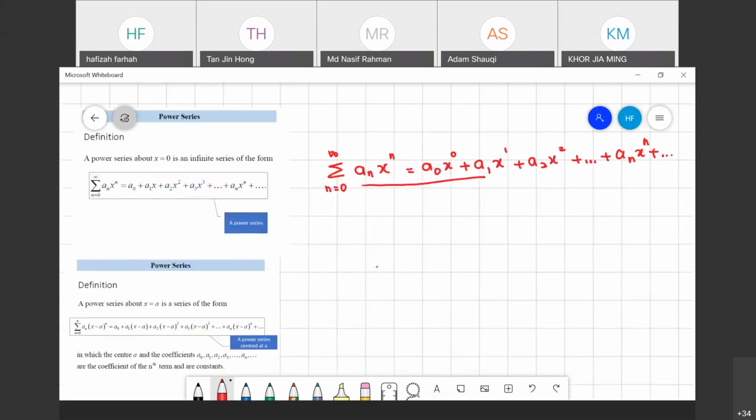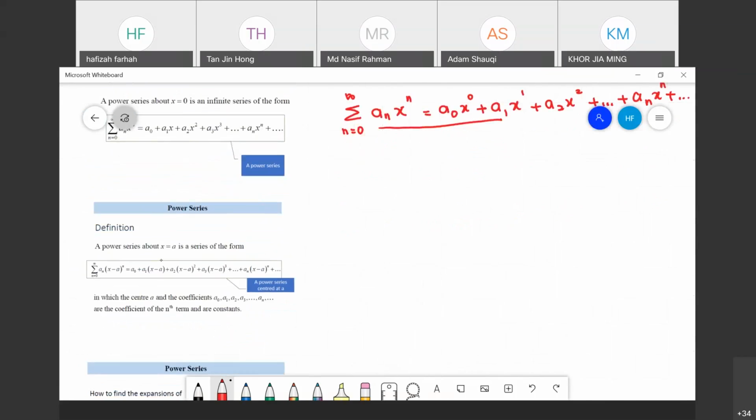But if a power series is centered at a, we write it as the summation of a sub n times (x minus a) to the power of n, where n starts from 0 up to infinity. So this is the infinite series.